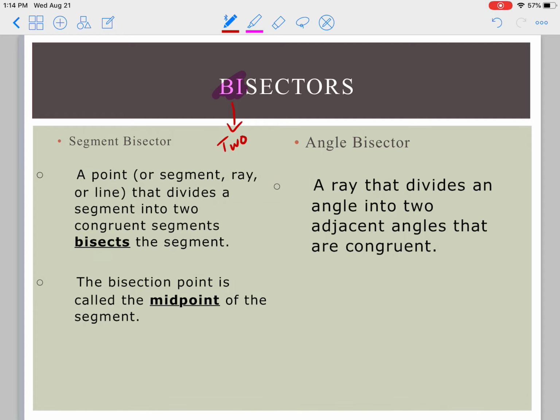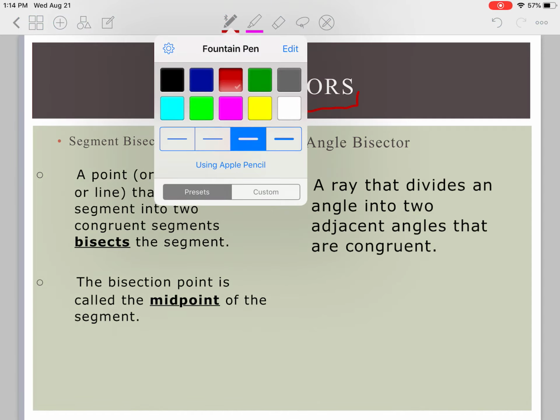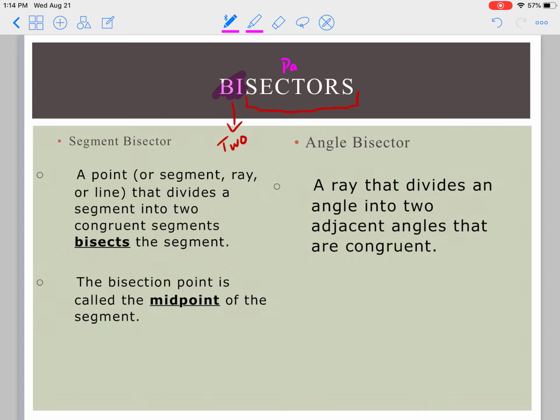And so now we have 2 sectors, and kind of like segments, we can think of sectors as parts. So we're going to divide something into 2 parts. Now specifically, we're going to first divide a segment into 2 parts, a segment bisector.